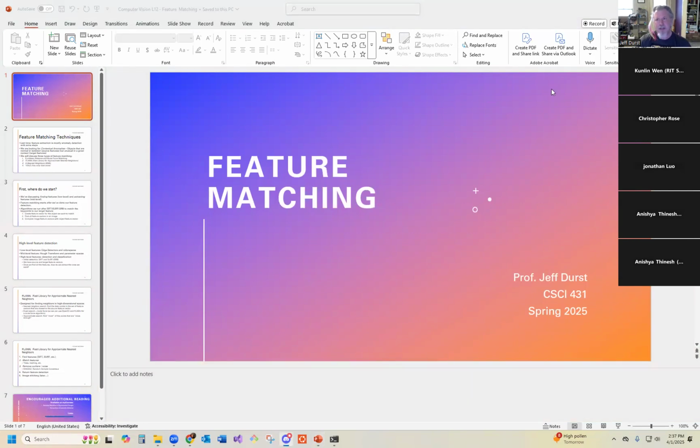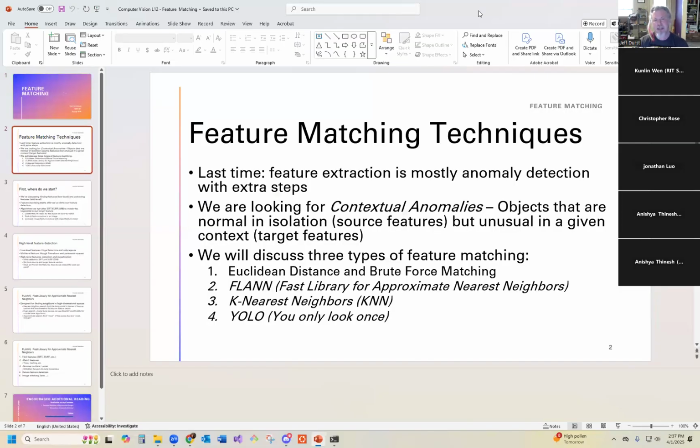So today we're going to keep going with feature extraction and feature matching. Last time we talked about the idea of feature matching, where the goal is to detect some sort of object or feature in an image. We've talked about different ways to find key points in an image and extract feature vectors from those using things like SIFT and ORB.